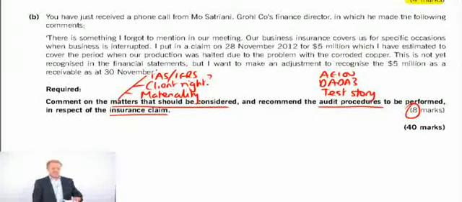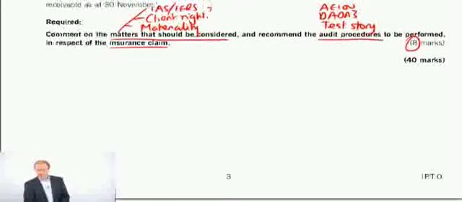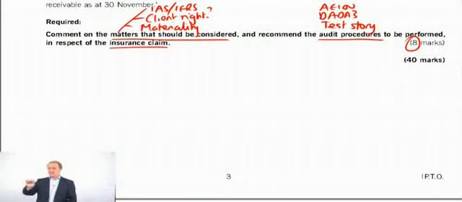Well, insurance claims are the classic example of IAS 37 contingent assets. Because if they're claiming for something, and if we believe they are probably going to get this insurance claim paid, then they should disclose that, no debits, credits, disclose it as a contingent asset.